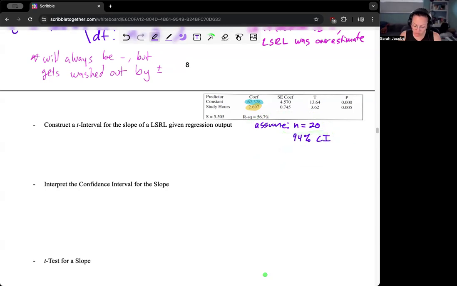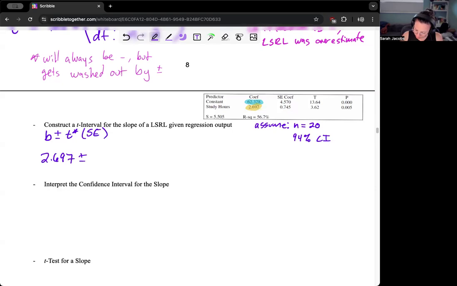Okay, so T-interval for slope. Our interval is going to be the slope we got plus or minus the t star times the standard error. The actual slope we got here was 2.697 plus or minus the standard error.